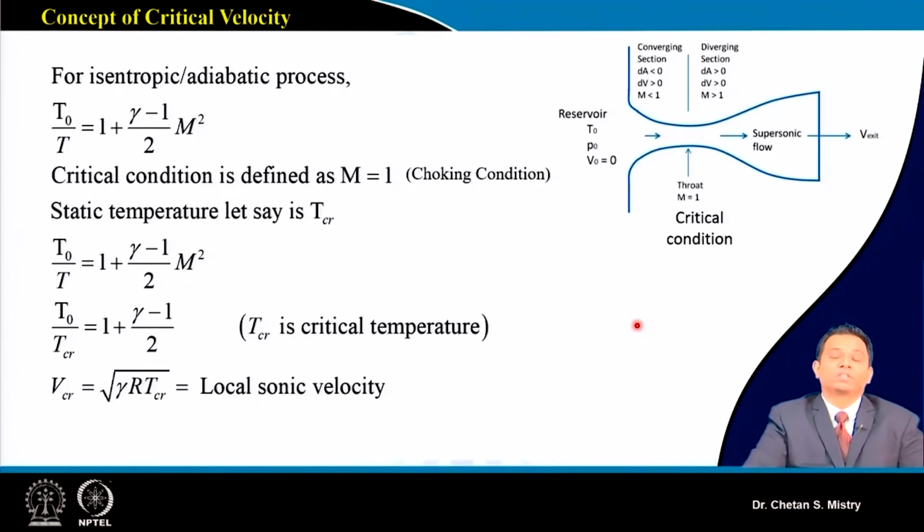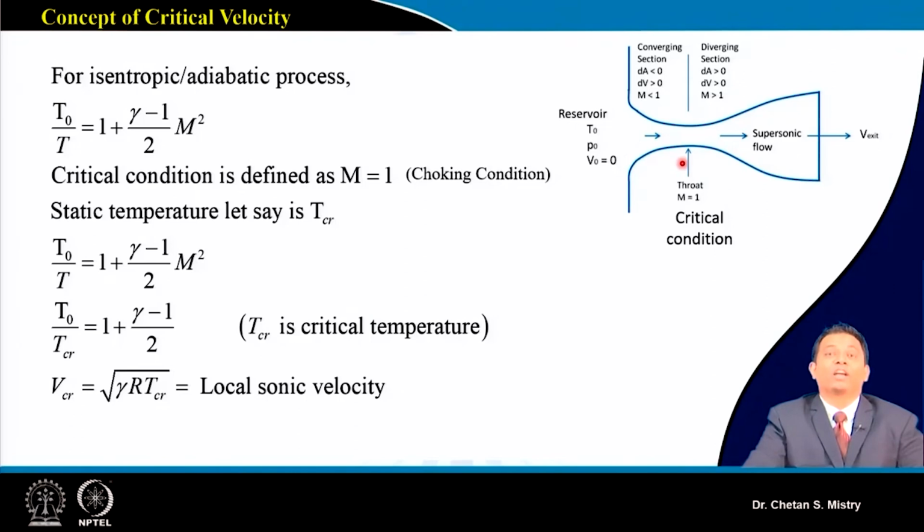We are now discussing the concept of critical velocity ratio. Suppose this is my convergent-divergent nozzle. In a convergent-divergent nozzle the flow accelerates from the initial subsonic flow to some location where we have the maximum mass flow condition, and that condition we define as the thermal choking condition.